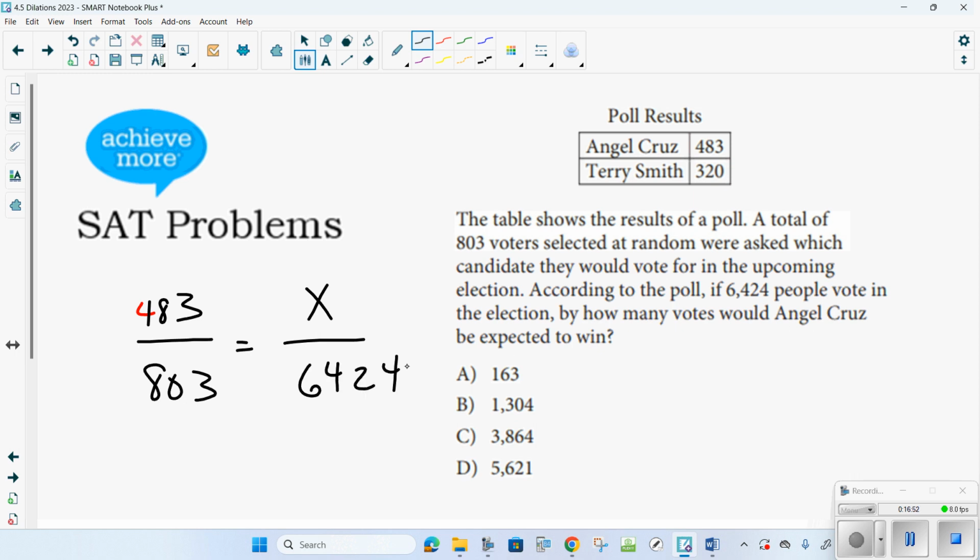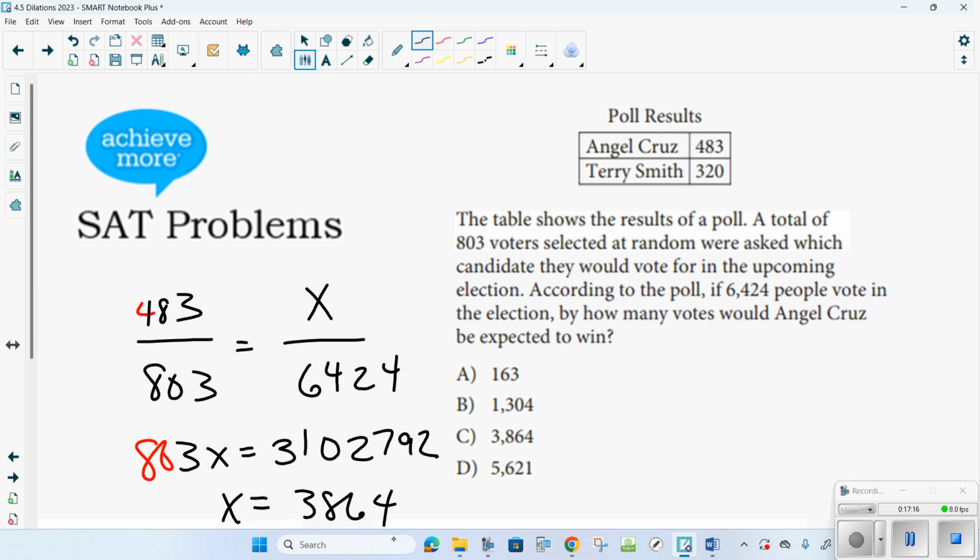And so I would cross multiply 803x, and now we're going to have a little bit larger number, 483 times 6,424, and I would get 3,102,792. Divide that by 803, and x would equal 3,864.